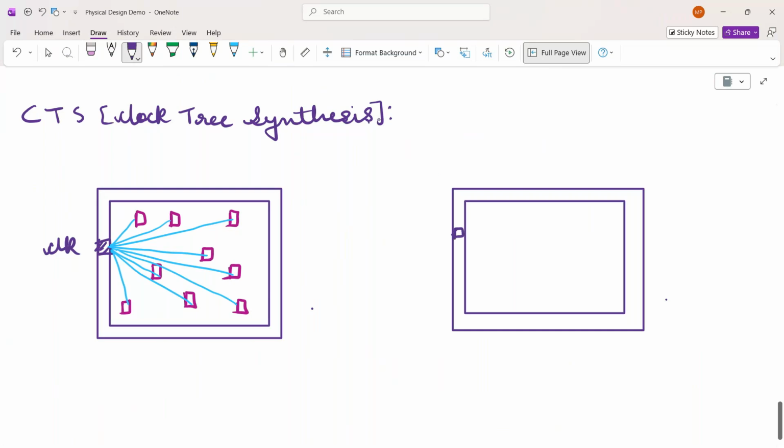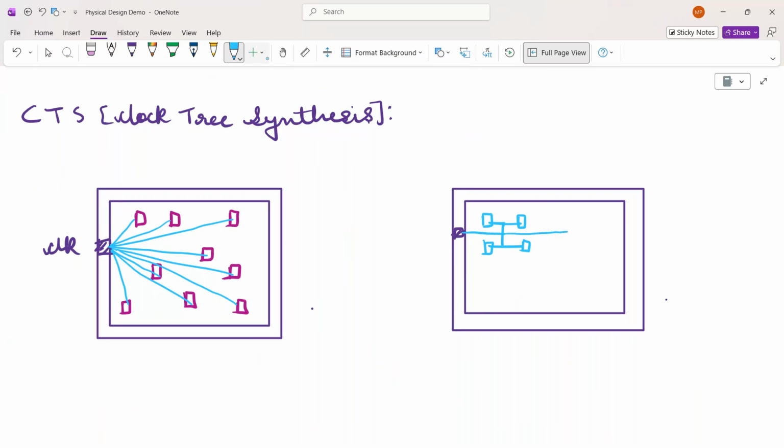There are different formats. I will be drawing just one type. The clock tree will look like this. After here, it will get divided like this. Here there will be another flip-flop, one flip-flop, another flip-flop.